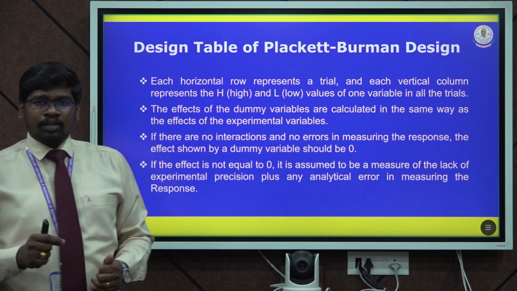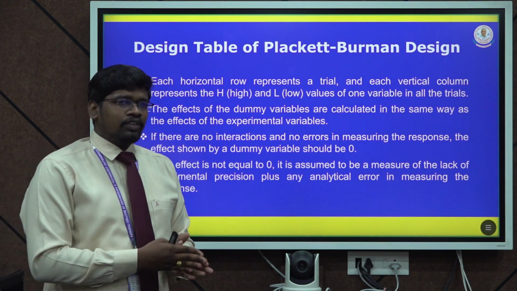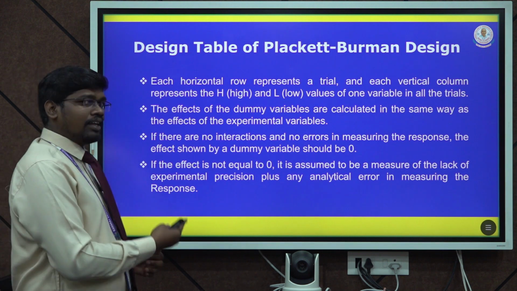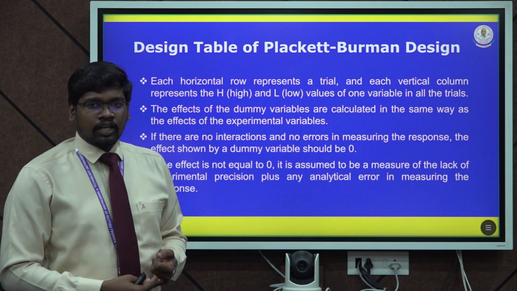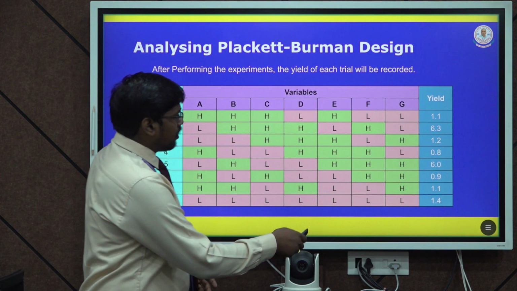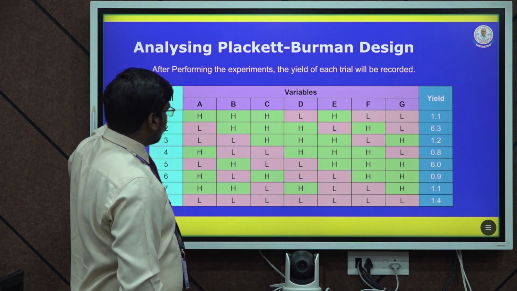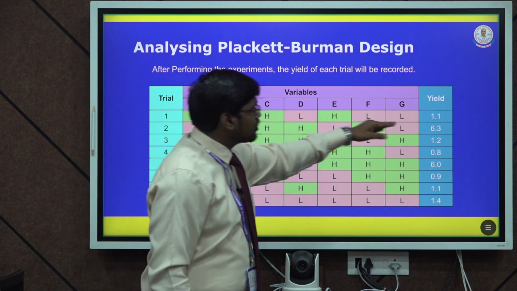The effect of the dummy variable should be near 0 or 0. When the effect of the dummy variable is not 0, we can assume that there is an error present in the experiment, whether it may be a handling error, an experimental error or an instrumental error. After performing the experiment, we can record the yield in this table. The yield of the first trial, which has A, B, C and E as high variables, is 1.1.